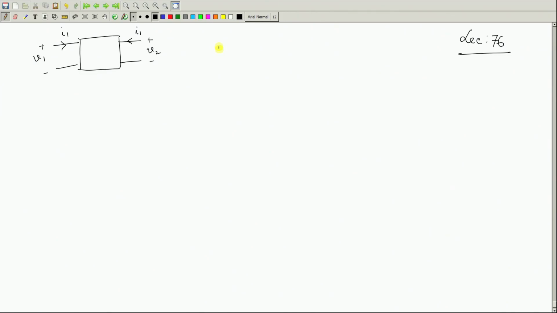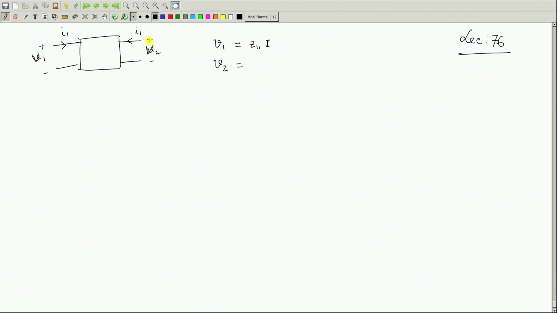But the point is, we have seen that if this two port network is expressed in terms of the Z matrix, the input voltage and output voltage can be written in terms of Z11, I1.